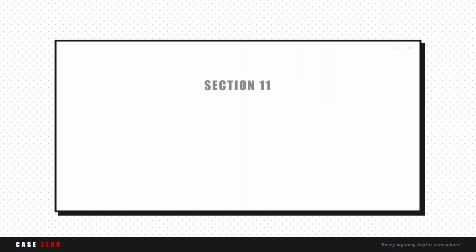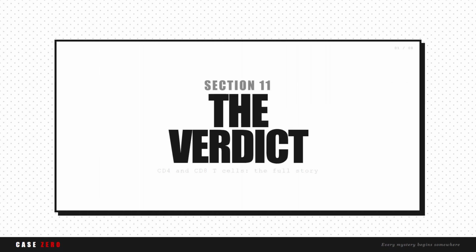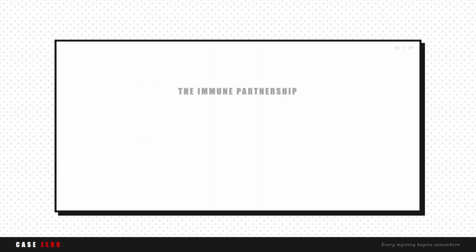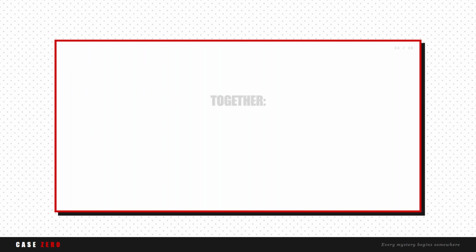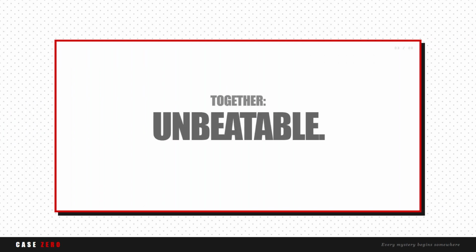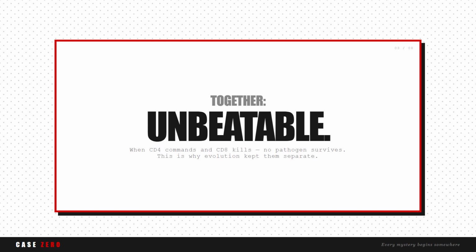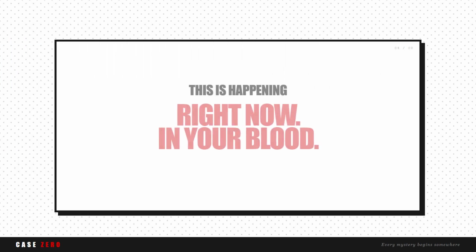CD4 and CD8 T cells represent the two primary effector arms of adaptive immunity. CD4 coordinates, reading antigen, releasing cytokines, directing every downstream response. CD8 executes, identifying compromised cells and eliminating them with molecular precision. Neither functions fully without the other.